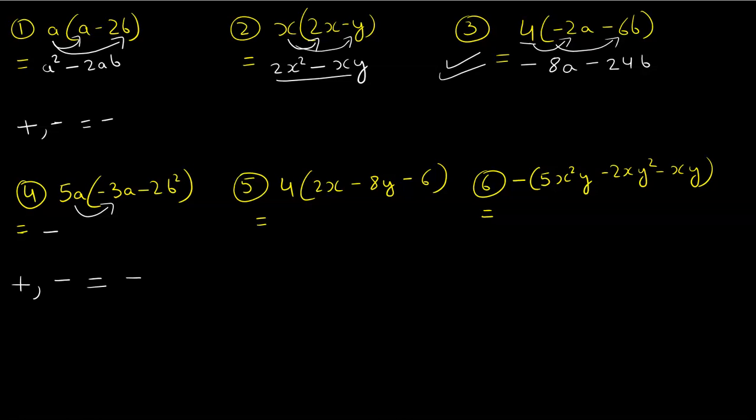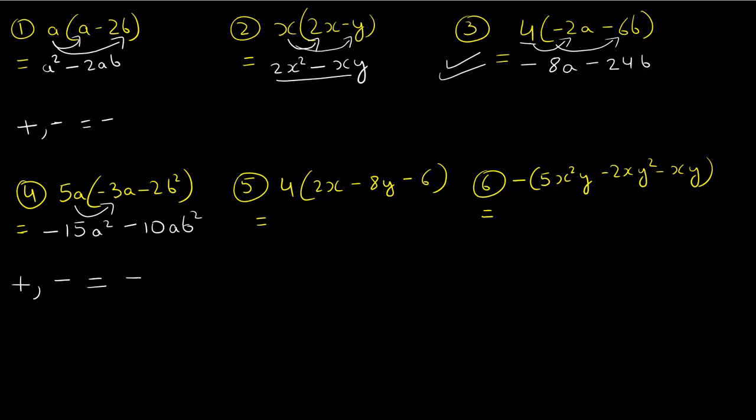Then 5 times 3 is 15. A times a, now we can multiply these terms together, a square. Then we get 5a times negative 2b square. We get a negative sign first. 5 times 2 is 10, and we write simply ab square, because they are not like terms, they are not the same terms, so we have to write ab square.